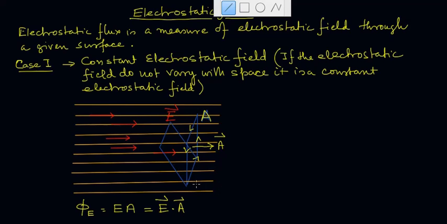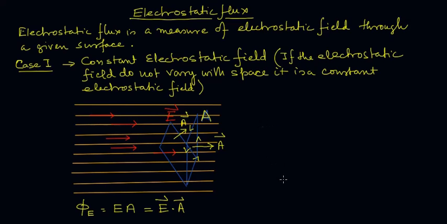So this is the area which is at an angle theta with the field. So how do you measure the direction? Naturally the area vector will be perpendicular to this area, and this is the new area vector.